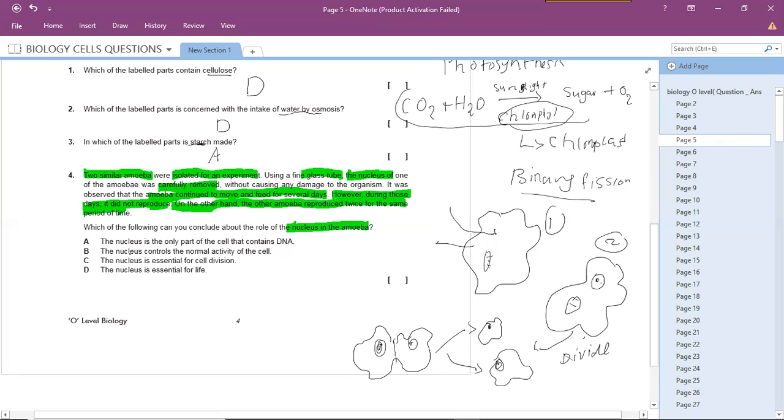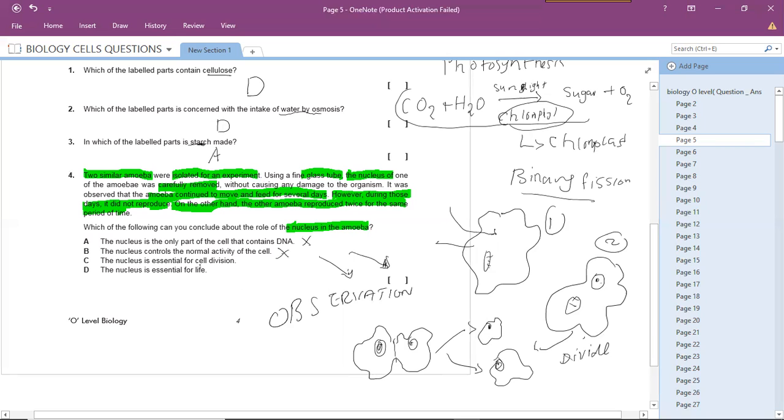So based on this, we have to answer the question based on the observation that has been described in the question. The nucleus is the only part of the cell that contains DNA. Wrong, because that's not what we are seeing based on our observation. The nucleus controls the normal activity of the cell. No, that's not what we're seeing. Well, we want to answer it in terms of cellular division.